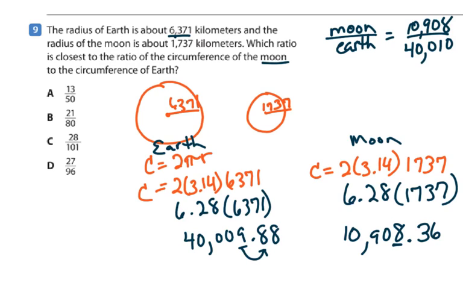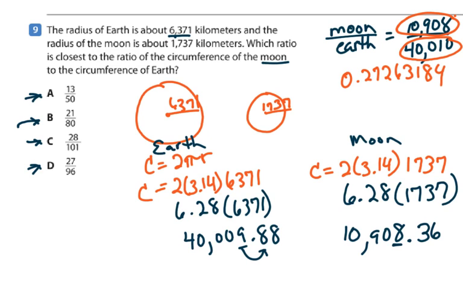So now all I've got to do is figure out which one of these fractions is the closest in decimal form to this one. So the fraction bar means to divide, of course. So I'm going to say 10,908 divided by 40,010, and I got this answer, 0.27263184.